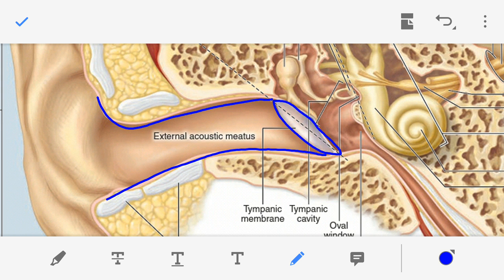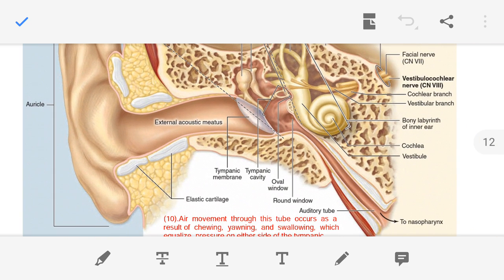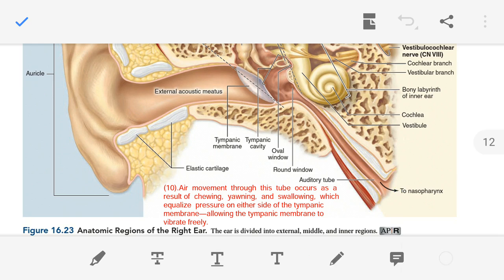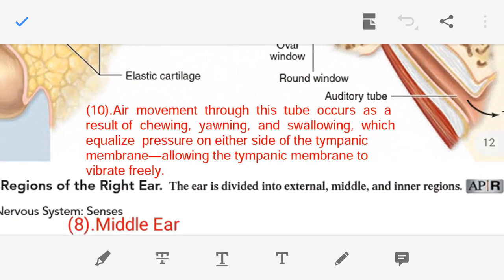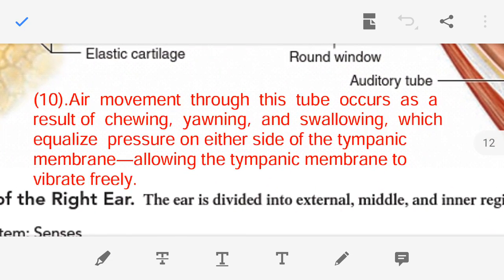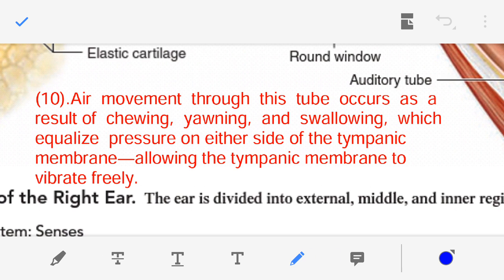This tube is the external acoustic meatus, and here atmospheric air is there, and here the air is entering from the nasopharynx. So simply we can say, on either side of the tympanic membrane, air is present. Since air is present on both sides of the tympanic membrane, this allows the tympanic membrane to vibrate freely.